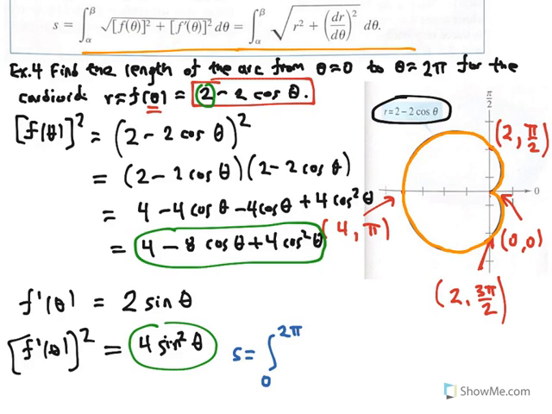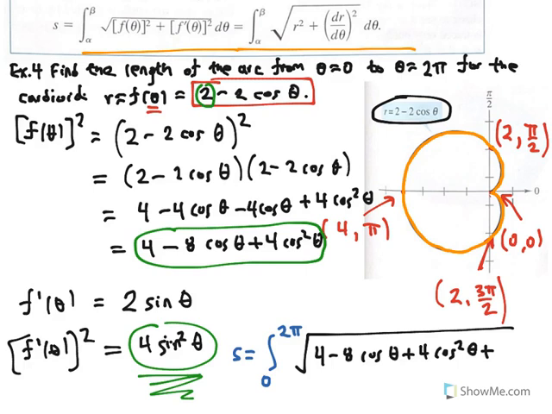And then the radicand, the integrand, will be the square root of, and in the radicand we're going to have f of theta squared, which is 4 minus 8 times cosine theta plus 4 cosine squared theta, plus f prime of theta squared, which is right here.